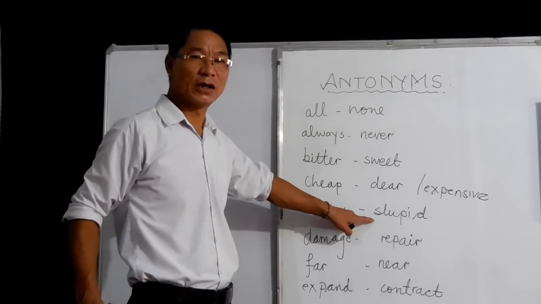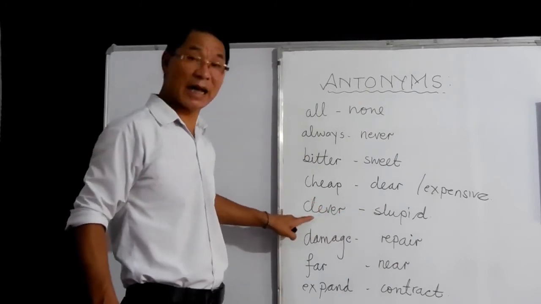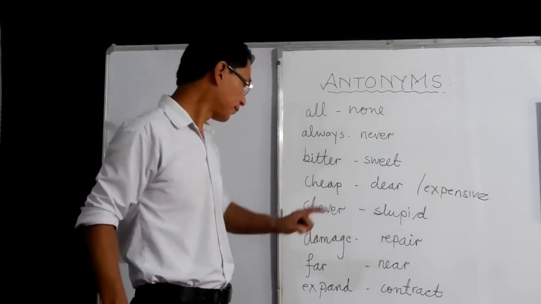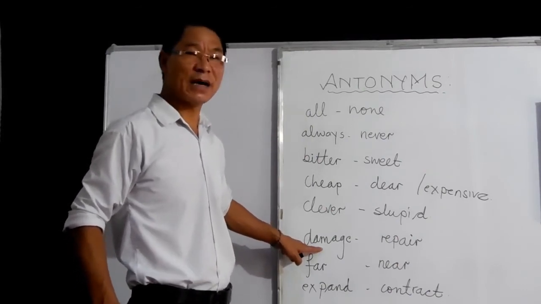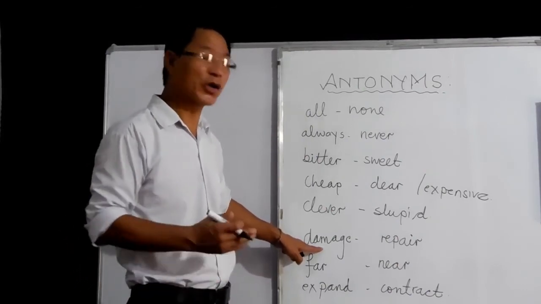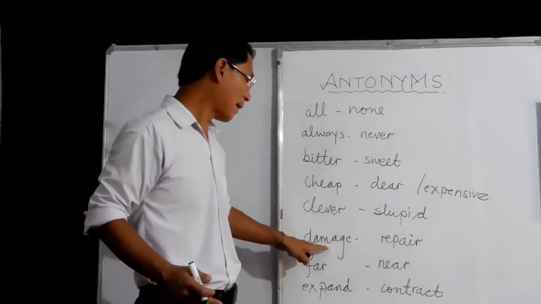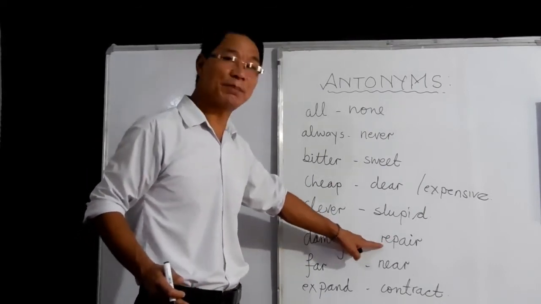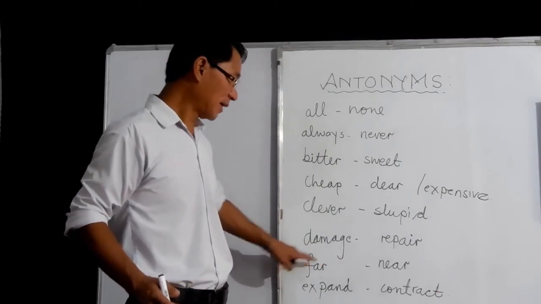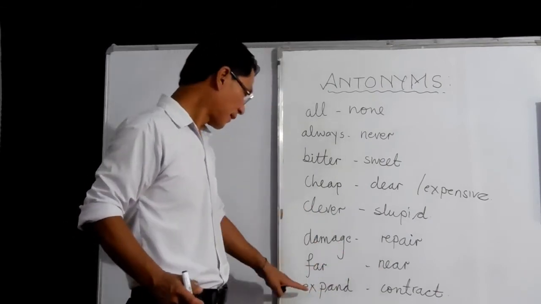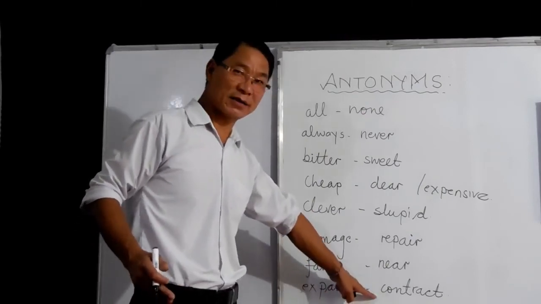Clever, stupid. Some boys are very clever, chalak. Some are very stupid. Damage. Damage means to break or spoil something. Repair. Damage and repair. We do repair of some objects. Far. The antonym is near. Expand and contract.